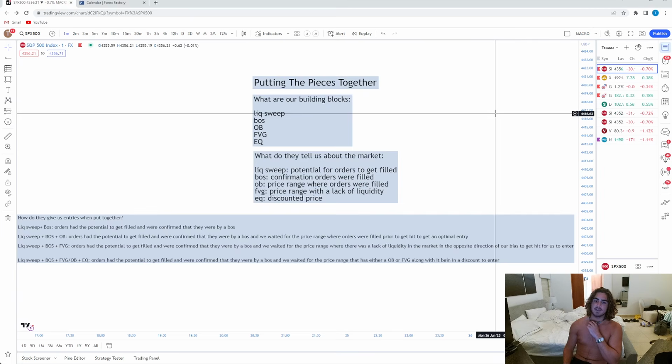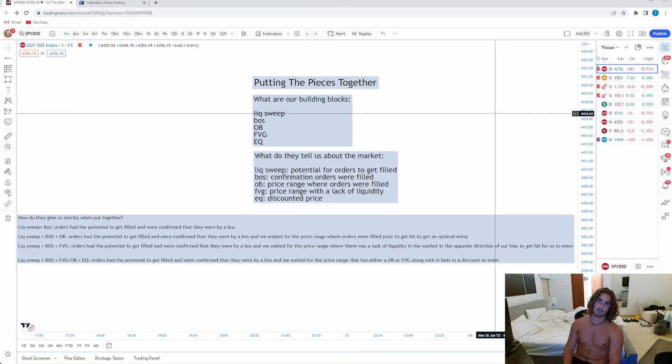When orders have the potential to get filled and were confirmed that they were filled by a break of structure, and then we wait, we're patient because we didn't get the risk reward that we wanted. Maybe it was a bad risk reward. So we wait for the price range where orders were filled previously, in that order block, in that move up, to get an optimal entry. We enter at the order block, stops above the highs.